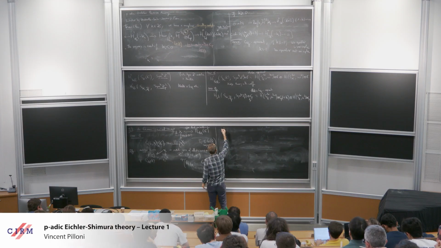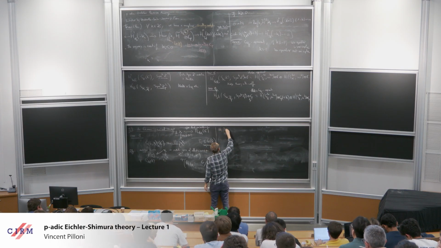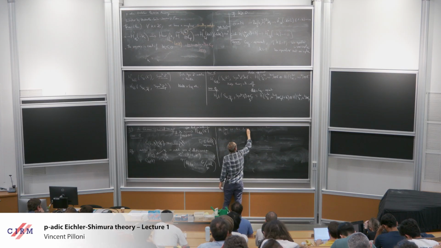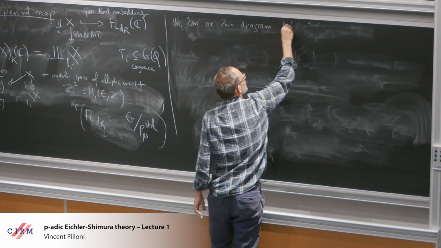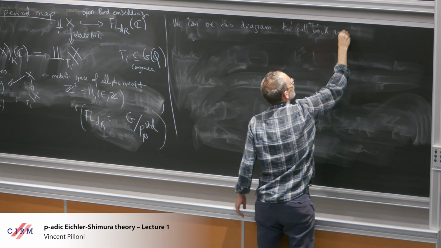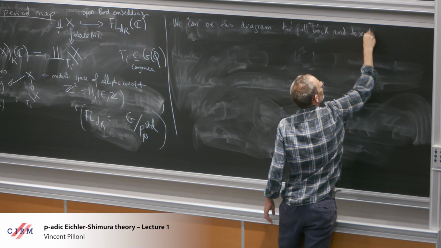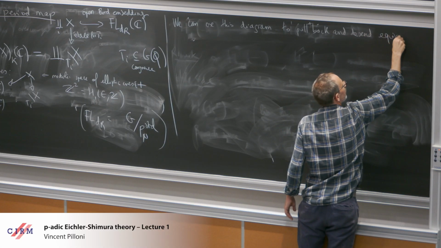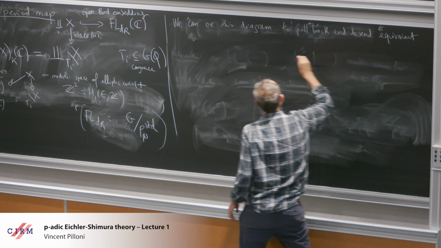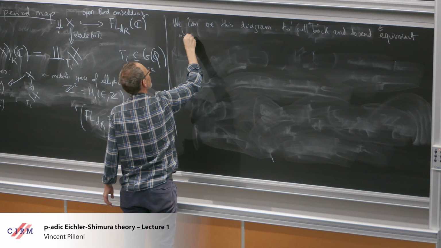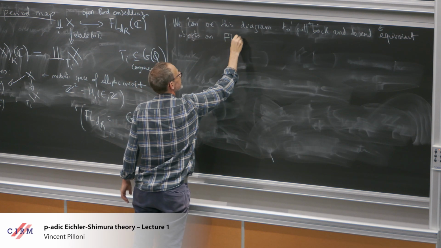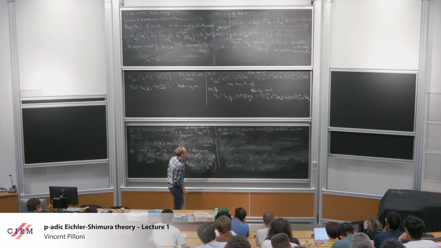So in particular, we can use this diagram to pull back and descend equivariant objects, maybe G-equivariant objects, on the de Rham flag variety.